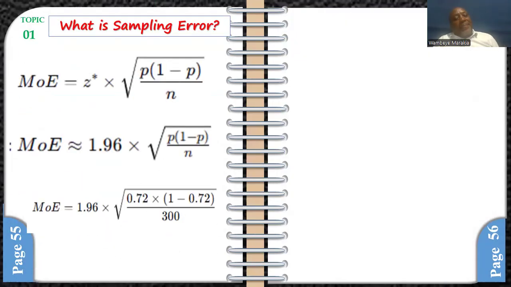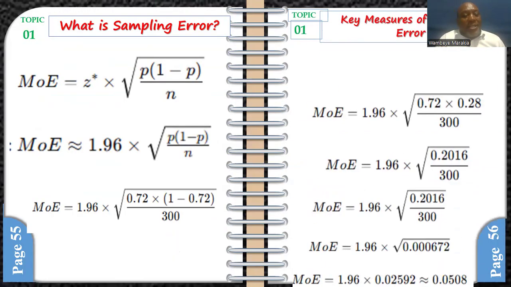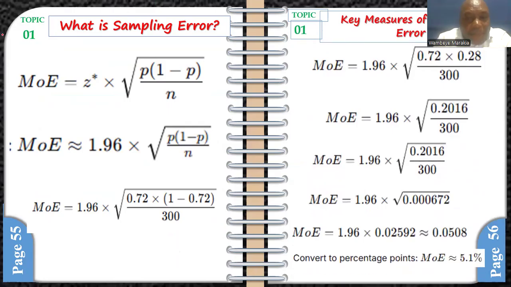I said it's Z times the square root of P, which is the proportion, times 1 minus P, over N. So in this case, we are going to have 1.96, corresponding to our Z value.